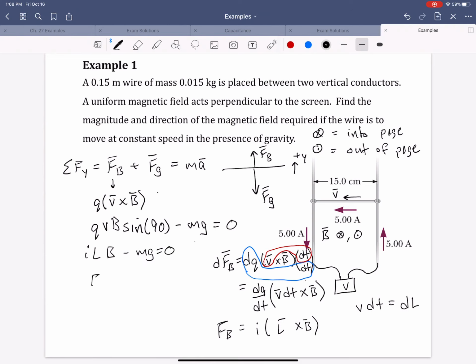And now it's straightforward to solve for B. The mass is 0.015, plugging in all of the numbers given, little g, 9.81, divided by the current magnitude of 5 amps, and the length, the total distance from joint to joint, 0.15, and we should get, looking at my notes, 0.196 Teslas.